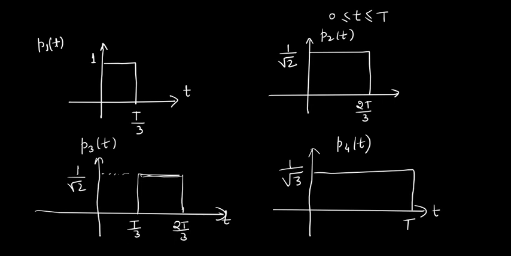Is it clear? The question is clear, right? Hello? Okay, so the question is clear to all of you, that we have 4 different waveforms and all of them are finite energy. So, you can of course apply a Gram-Schmidt procedure to it.